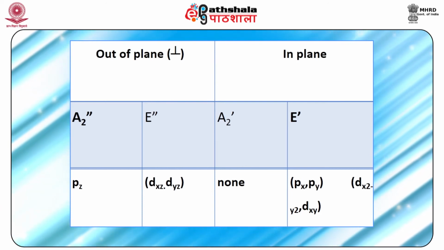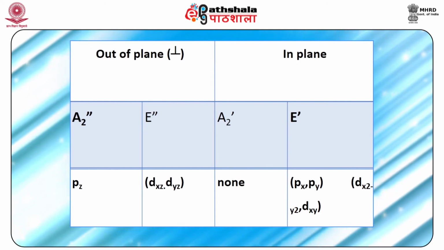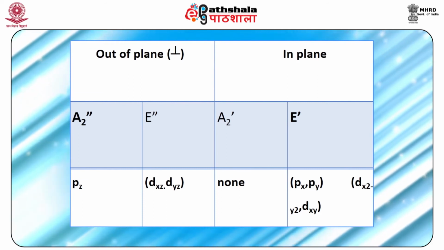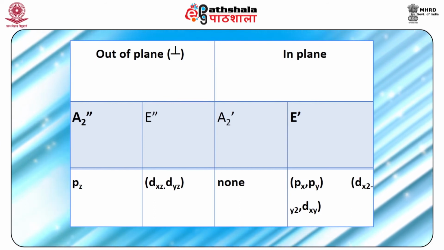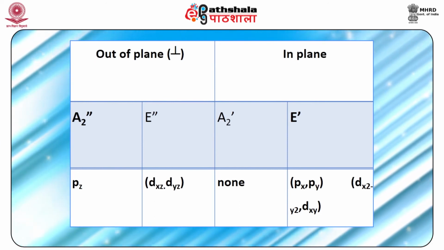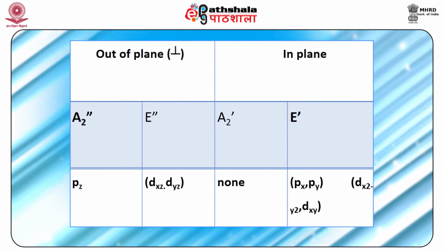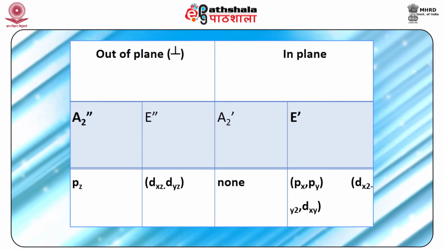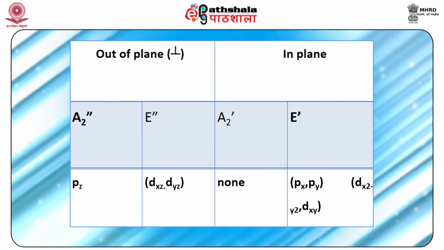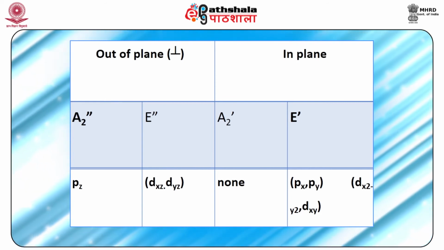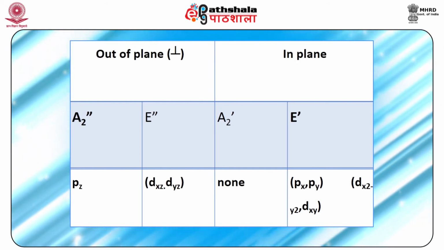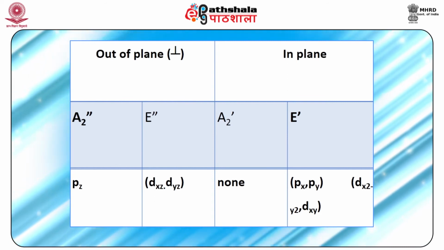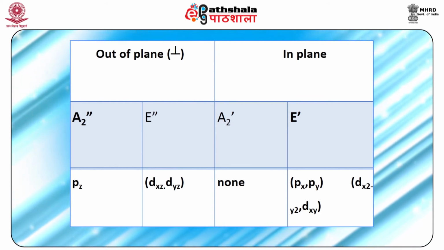Therefore, for formation of three pi bonds perpendicular to the plane of the molecule, one should have one atomic orbital of pz type, which has A2 double dash symmetry, plus a pair of dxz, dyz orbitals having E double dash symmetry, that is, a pd2 type of hybridization is there perpendicular for pi bond formation in the BCl3 molecule.